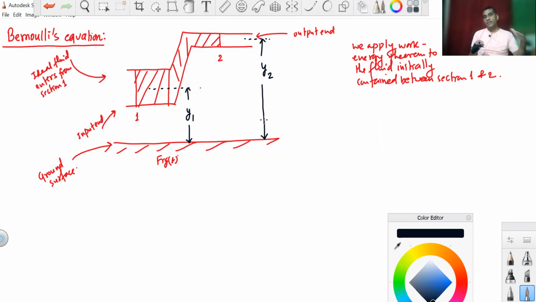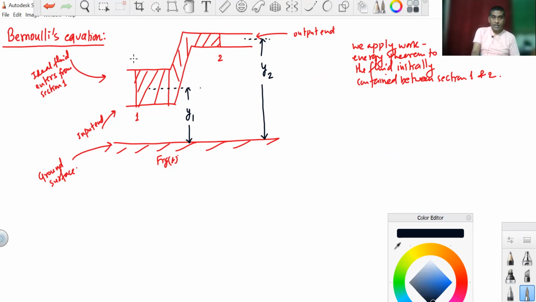So we can see section 1 is at height y1. So the fluid entering at section 1 is at height y1 from the ground surface, and section 2 is at height y2. So fluid leaving the tube from section 2 is at height y2 from the ground surface.